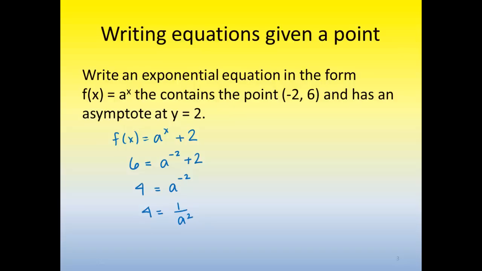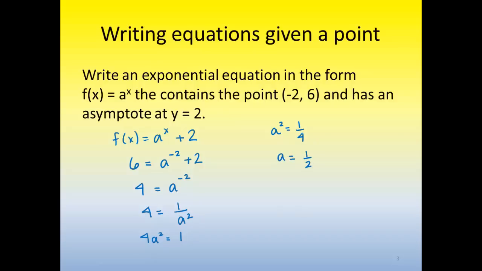And again, I have to solve for a. So if I go ahead and multiply both sides by a squared, and then I divide by 4, I get a squared equals 1/4. Now I will go ahead and take the square root of both sides, giving me a equals 1/2.